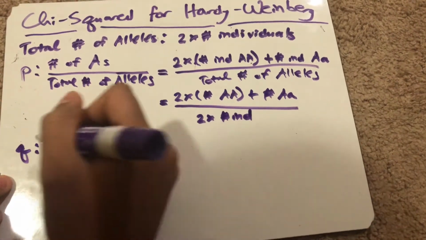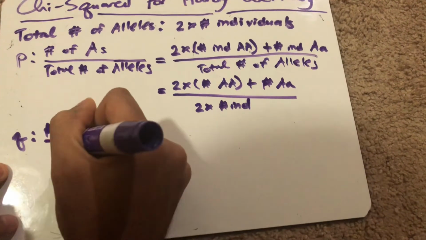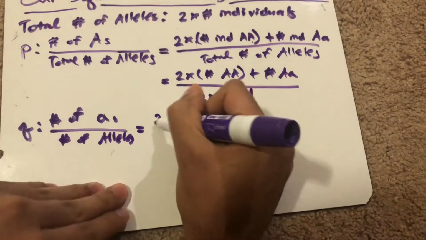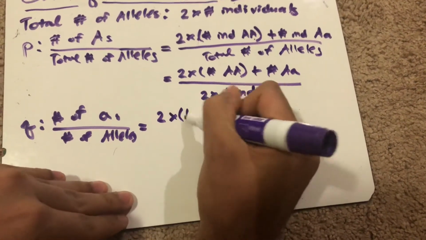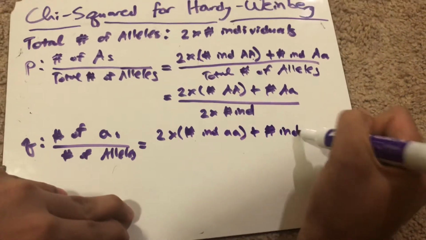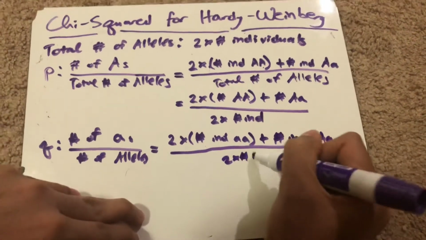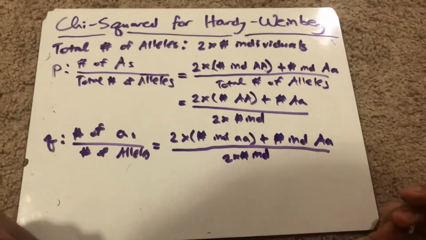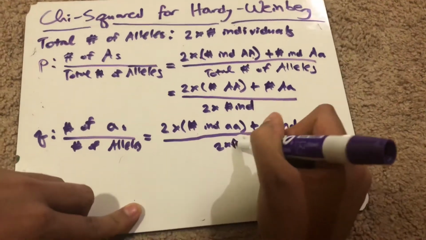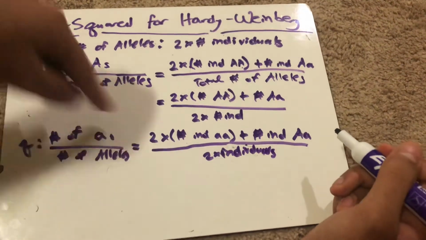Now to find Q, we have number of little a's over total number of alleles, and that's equal to, essentially the same exact concept, 2 times number of individuals of little a plus number of individuals of big A little a, same logic here, over 2 times the number of individuals, because that's the total number of alleles.